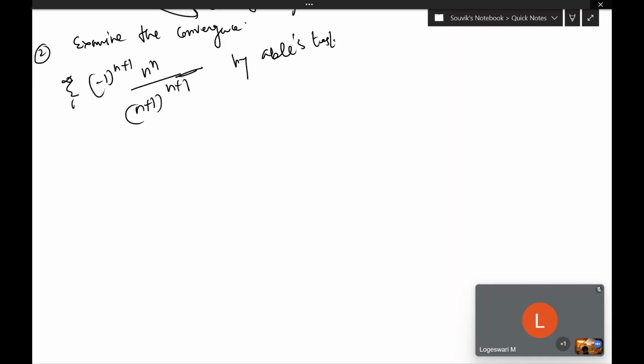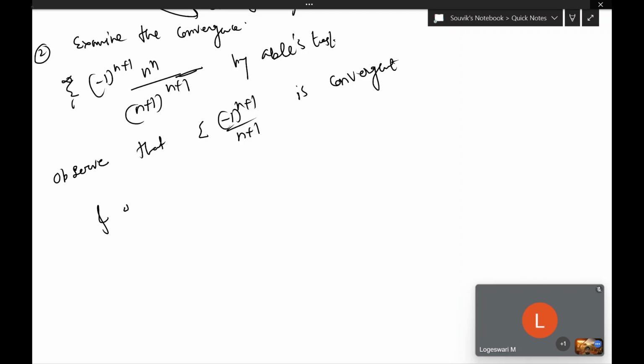Okay, so let me solve it. Now observe that this series, the summation of (-1)^(n+1), is convergent.